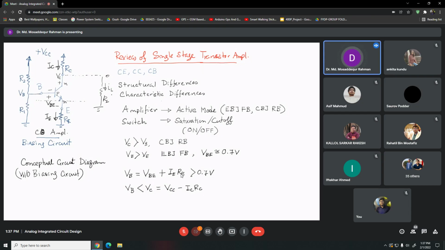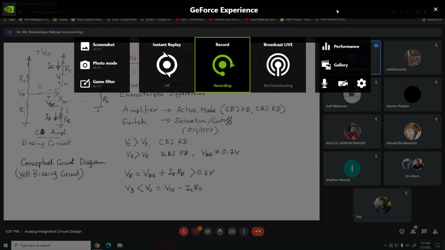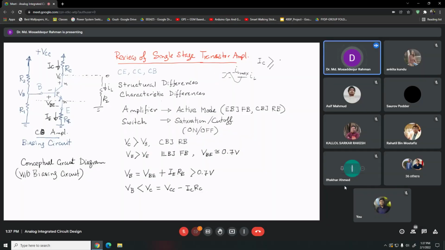Load current is an AC current, right? Signal current is AC. Let's say this is our IL. It will have a maximum value, IL max. Then you have to ensure that IC, the DC collector current, should be larger or at least equal to the maximum value of the load current.